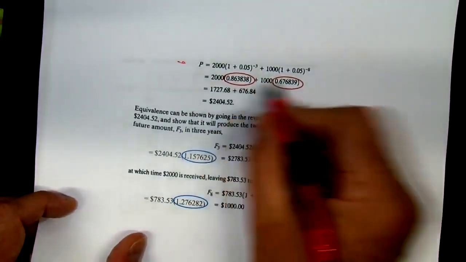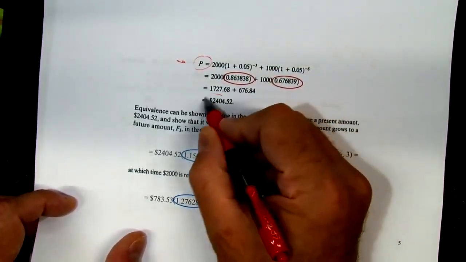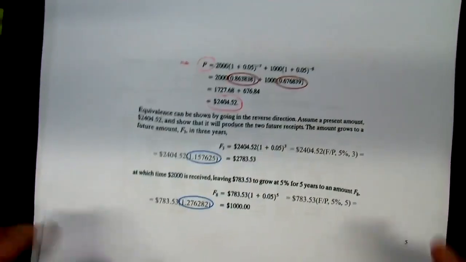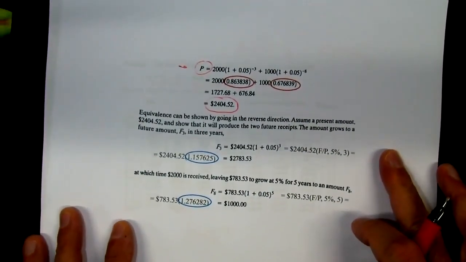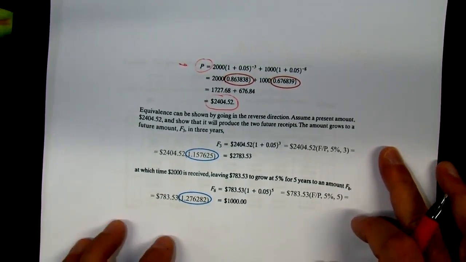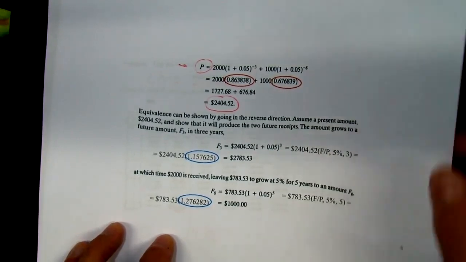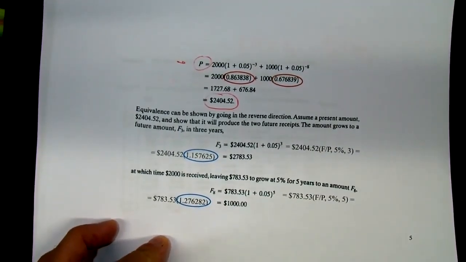So you do the math, and you get your minimum deposit to guarantee your two projected withdrawals in the future, which will be $2,404.52.